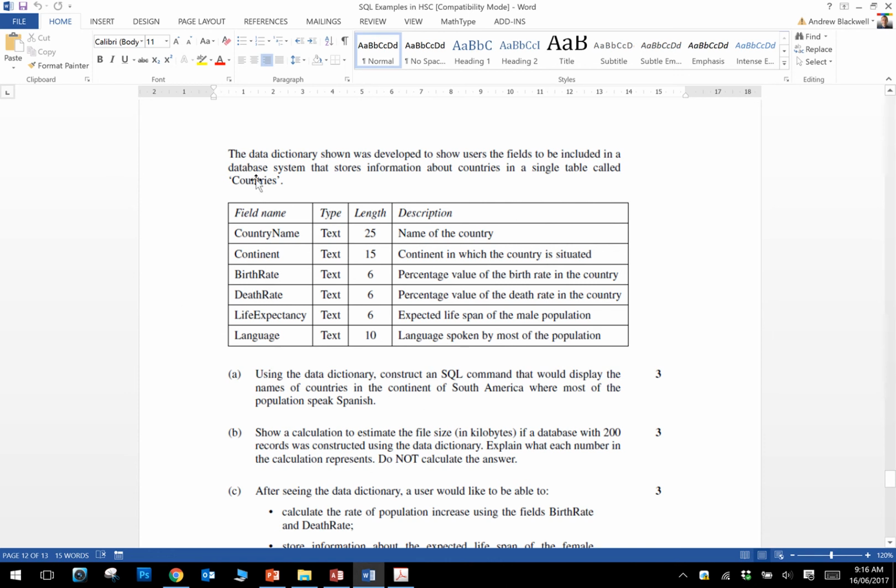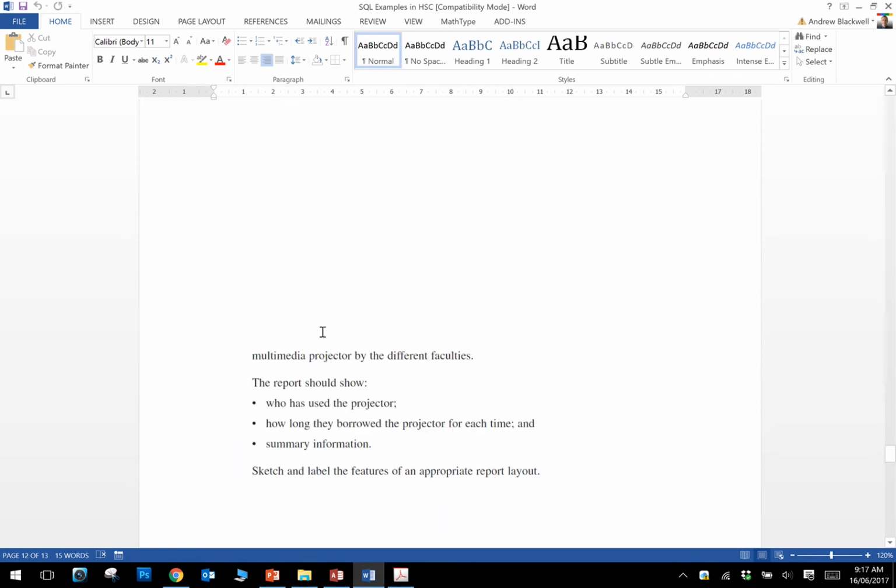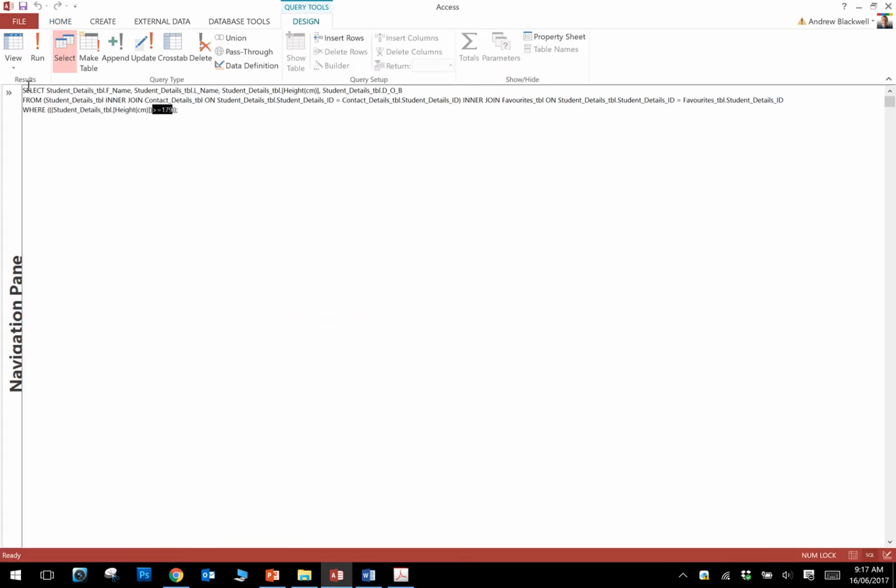Select the field names from the table, which is called countries, where, and you'd have to say South America, and most of the population speaks Spanish. So you would be looking for continent equals South America and language equals Spanish. And it's worth 3 marks. So you would have to do select. So we'd go back and choose select from where, and we'd have to satisfy that argument.